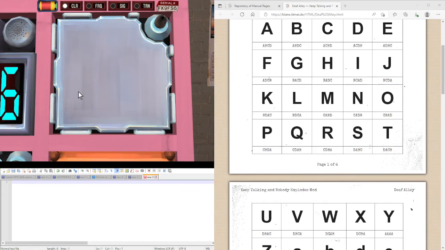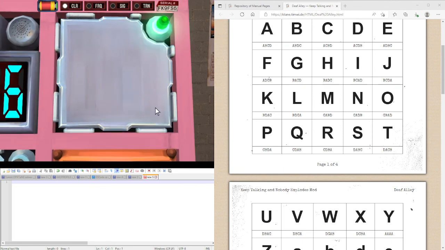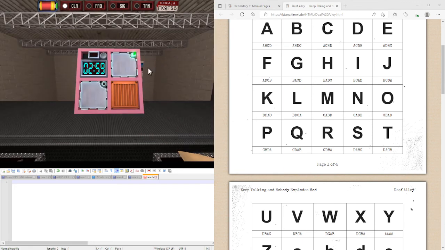It could be M. I feel like this is an M. Okay, so if we were right, we can press C, A, B, D, and we get some module. Hopefully you understand how Death Alley works now.